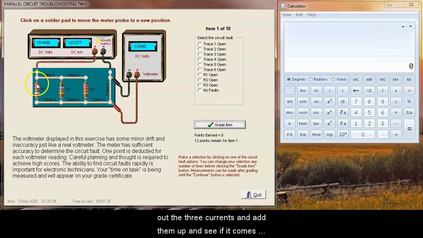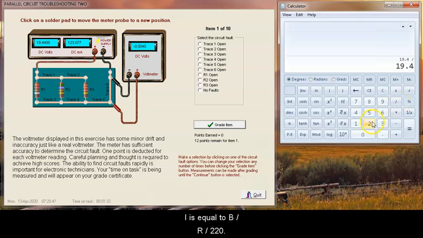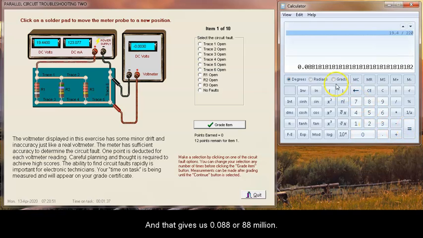The first one, we have a 220 ohm resistor at 19.4 volts. So we'll take 19.4 and divide it by 220, since I is equal to V over R. And that gives us 0.088 or 88 milliamps.